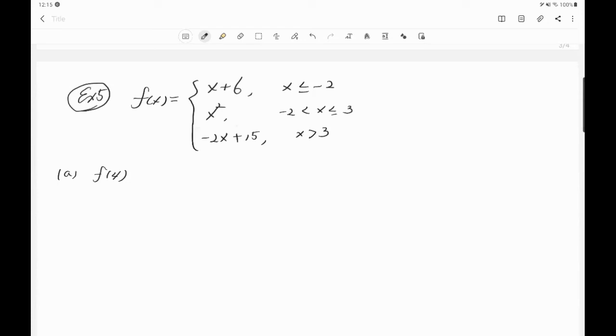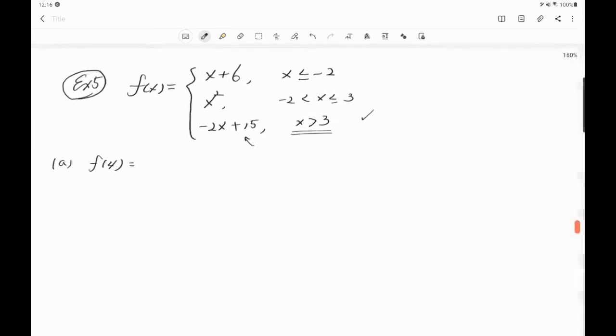And these expressions depend on the input. So as you see on the right side, if x is 4, then 4 belongs to where? 4 belongs to the third one, this one, right? X is greater than 3. So whenever the value is greater than 3, then we will use this expression. So we will use the third expression because the input value x is 4.